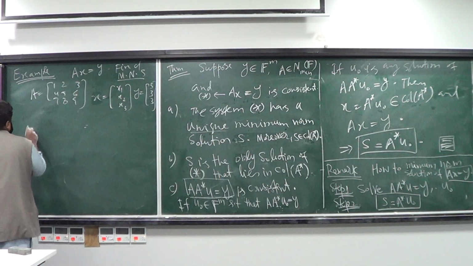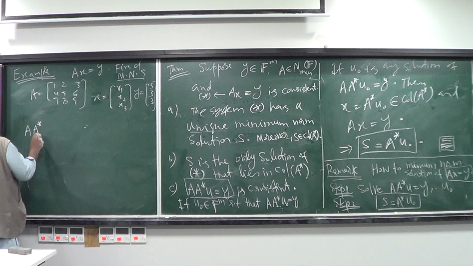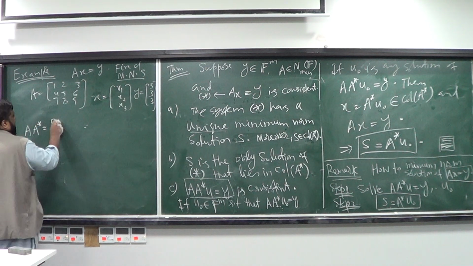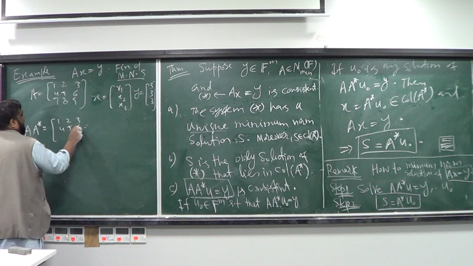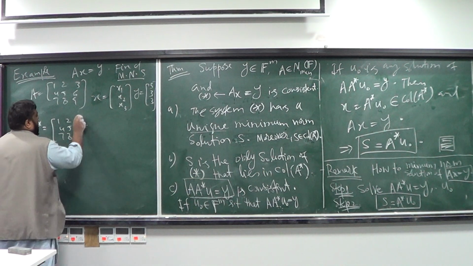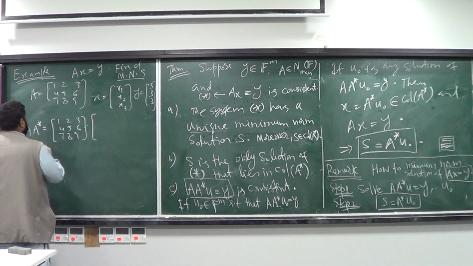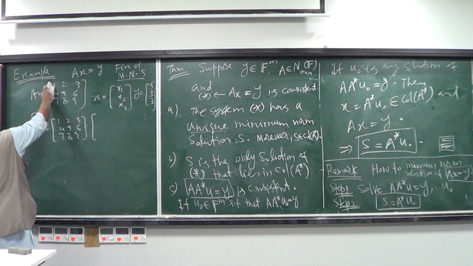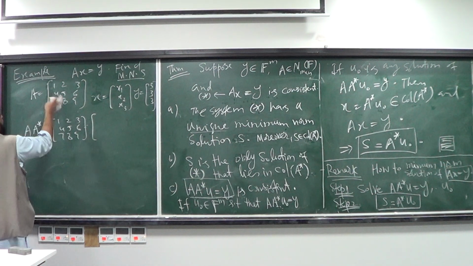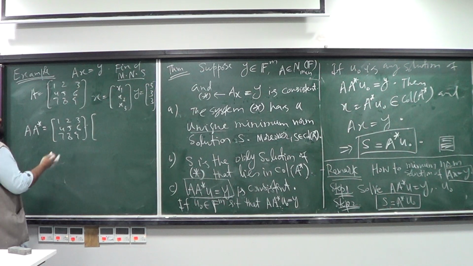So let's first calculate A multiplied by A star. A is 1, 2, 3, 4, 5, 6, 7, 8, 9, multiplied by A star, the conjugate transpose. But these are all real numbers, so the conjugate is the same, and we simply transpose.